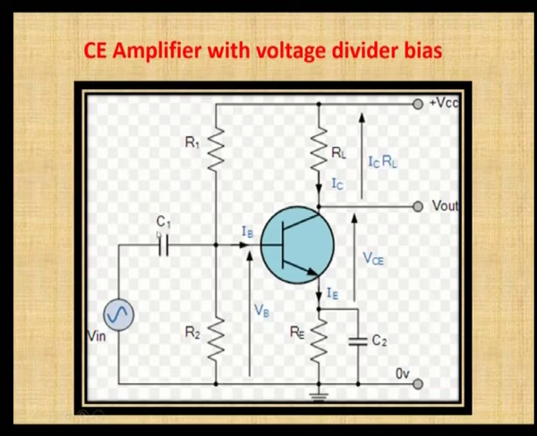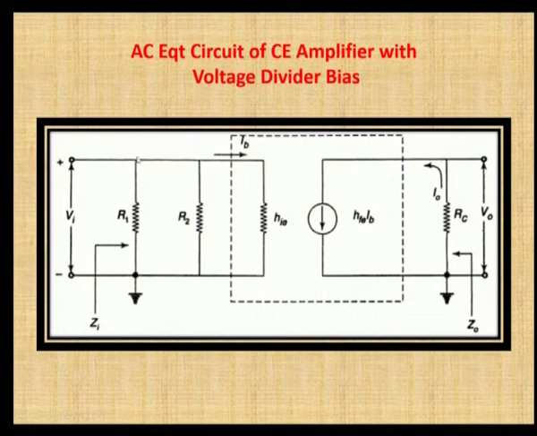But when you consider the hybrid model, this supply has to be grounded. That is the first consideration when you draw the hybrid model of any circuit. So, if the supply is considered as ground, then R1 is connected from base to ground, and R2 is also connected from base to ground.